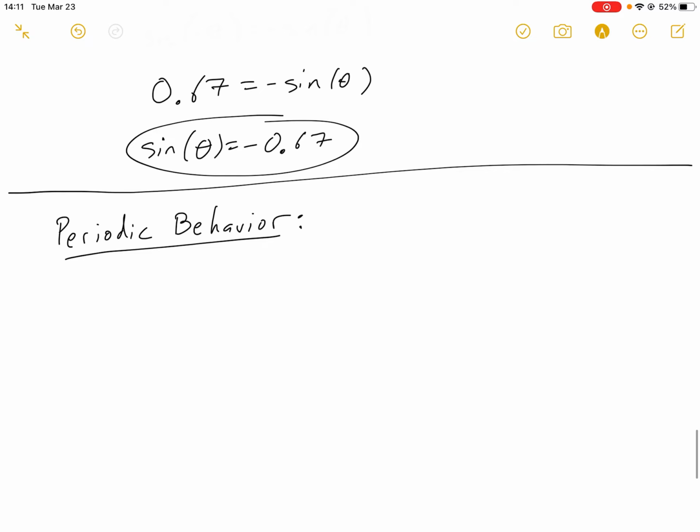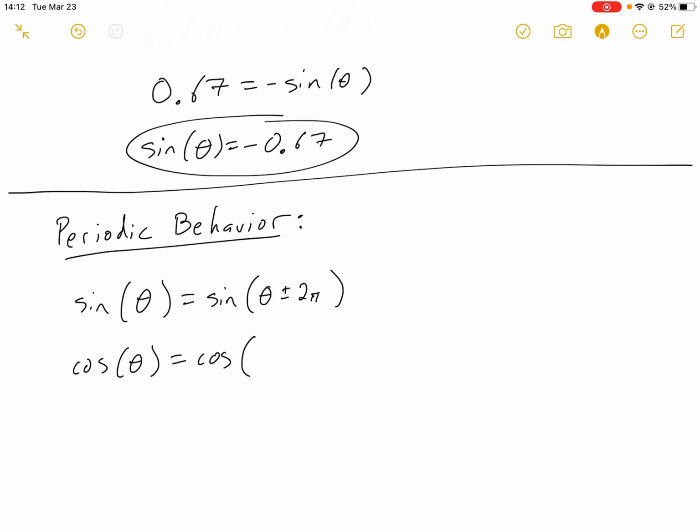So what that tells me is that sine of any angle is equal to sine of that angle plus or minus 2 pi. Even though the angle has changed, the sine value has not, because you're still in the exact same spot on the unit circle. And this is true for all of the trig functions, including the reciprocal ones, and cosine and tangent. I won't put the reciprocals down, but know that it is true for those as well.